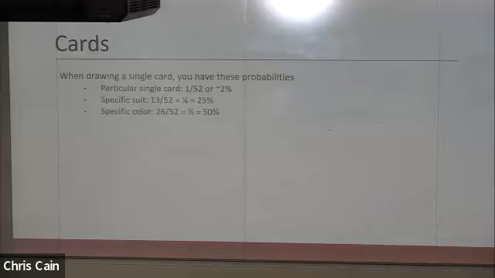All right, to get to the game, we just have to get through a couple things. First is when to use cards or card-based ideas in game mechanics. So probabilities for different concepts out of cards. Particular card about 2%, specific suit 1 in 4, color 1 in 2, face card about 23%.